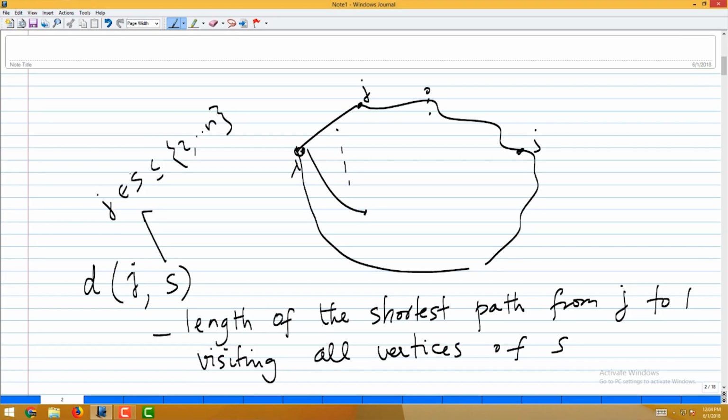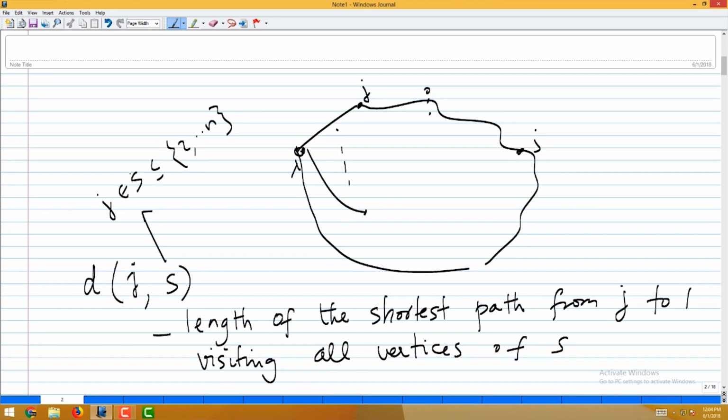Okay. So, all I am saying is that for any optimum Hamiltonian cycle, if I break it up and start from some intermediate vertex and look at the path, then that path must be the length of the shortest path from that vertex to 1 visiting whatever vertices are left. So, I am going to try all possible subsets.